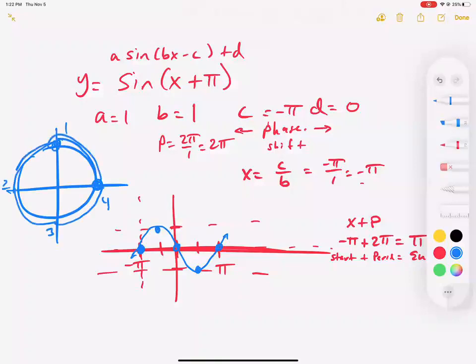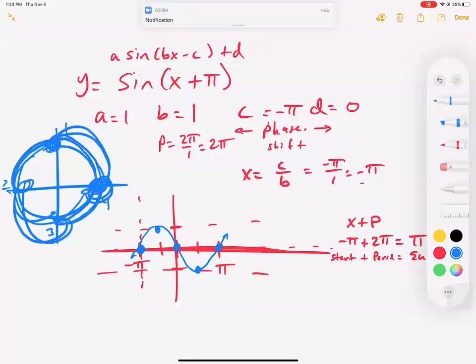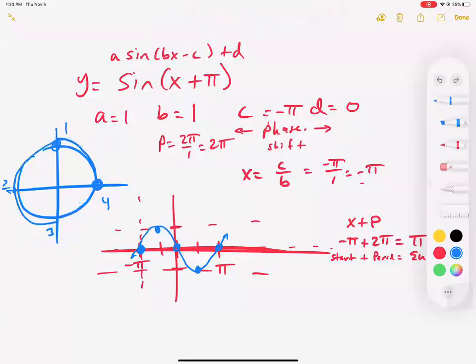So 0, up to 1, back to 0, down to negative 1, back to 0. We're just really following the flow of the circle.